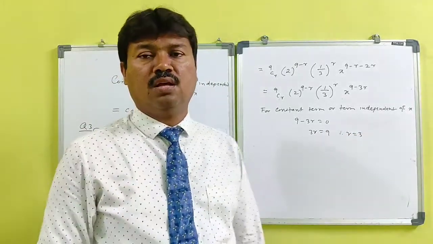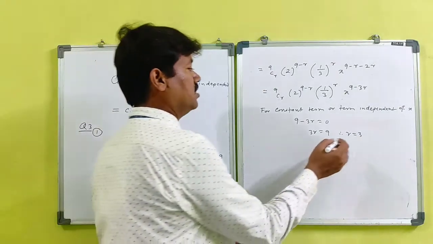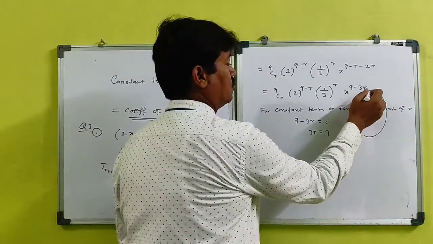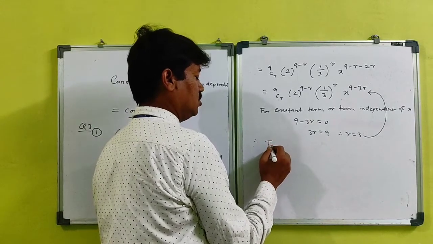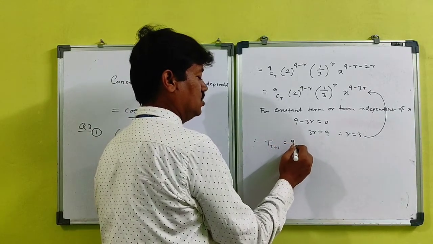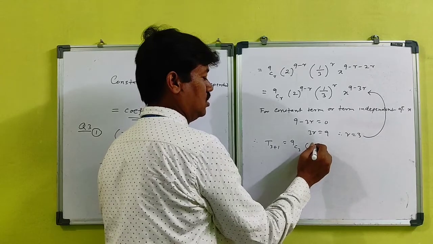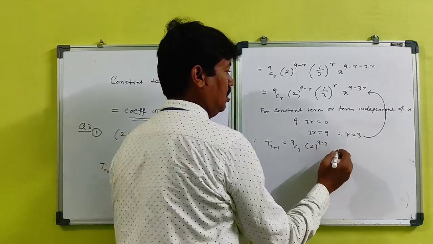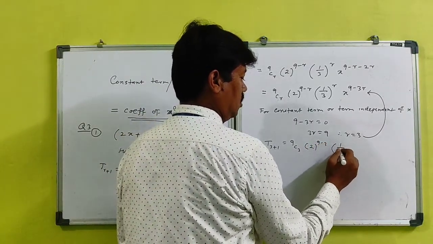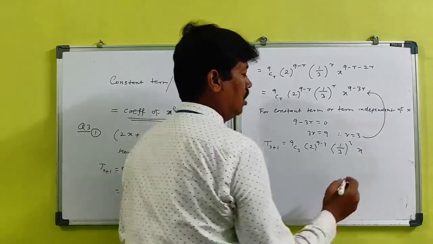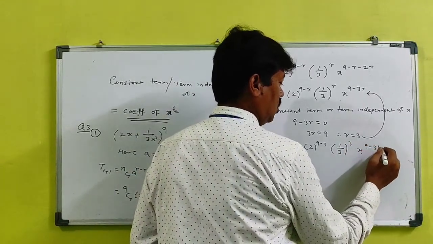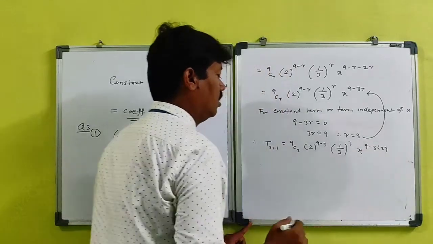So here r value is 3, resubstitute in this again. So therefore, the required term is T3 plus 1, it is 9C3, 2 raised to 9 minus 3, 1 upon 3 raised to 3, x raised to 9 minus 3 into 3, that is 0.